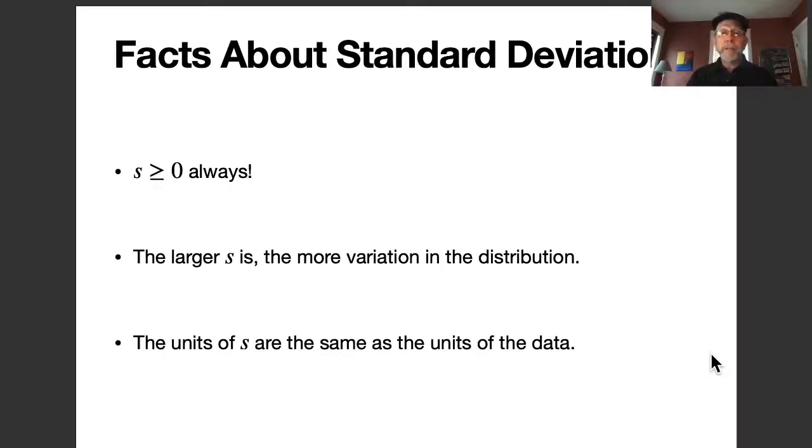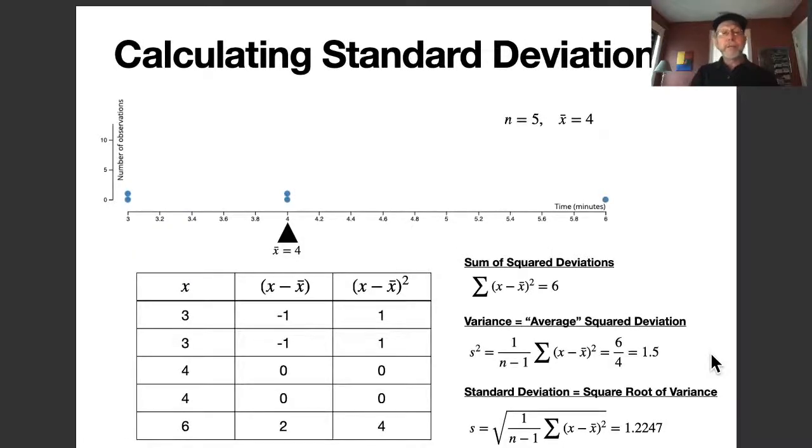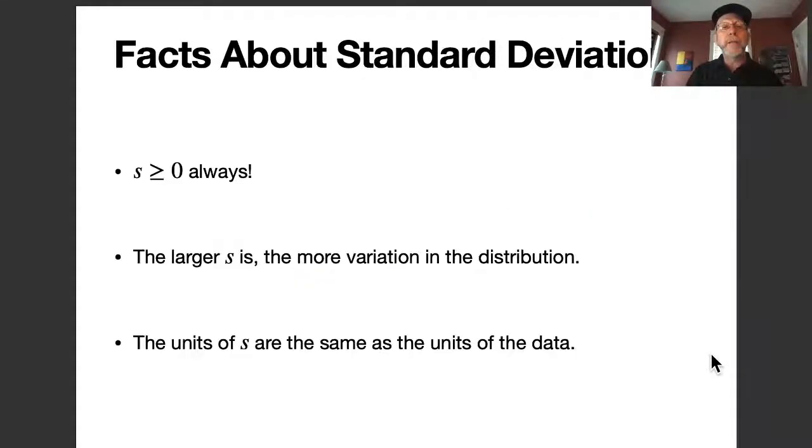All the data would be exactly at the same value. And then finally, the units of S are the same as the units of the data. So, going back to our test times here, the standard deviation of 1.2247 is in units of minutes because our original data was in units of minutes.